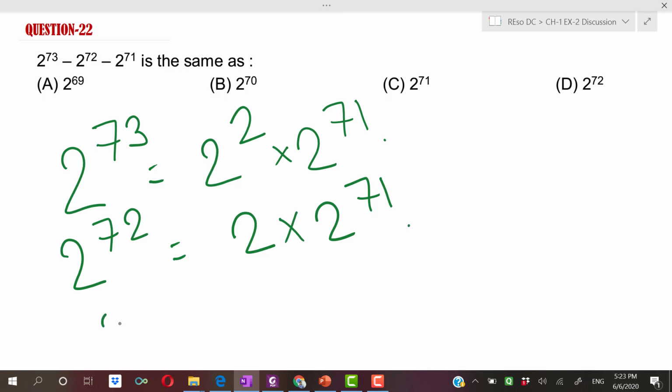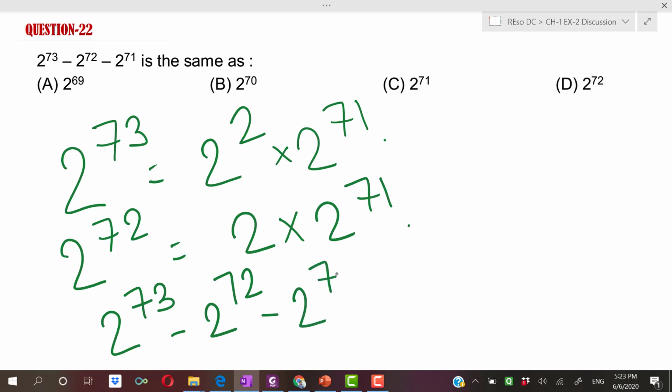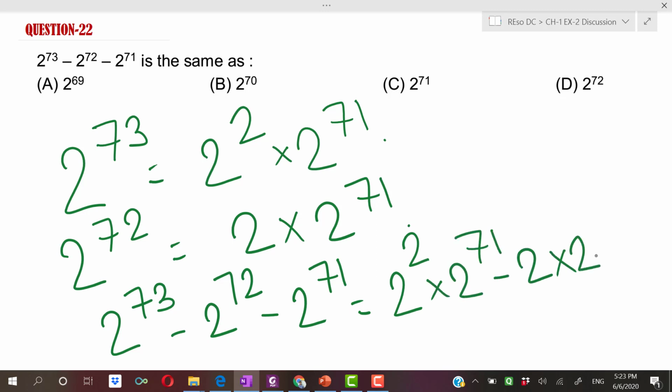So my given expression 2 raised to the power 73 minus 2 raised to the power 72 minus 2 raised to the power 71 will become 2 raised to the power 2 into 2 raised to the power 71 minus 2 into 2 raised to the power 71 minus 2 raised to the power 71.